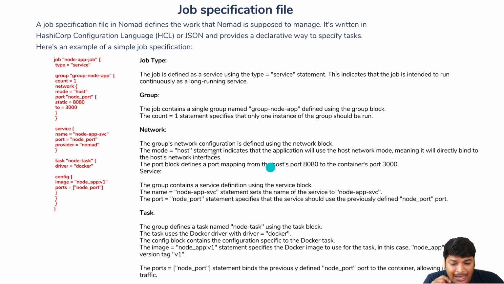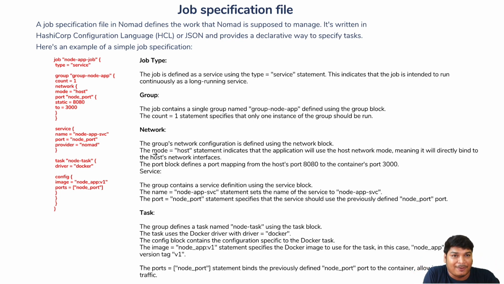And the port block defines a port mapping for the host port, that is 8080, to the container port 3000. So here you are saying that in the machine where you are running Docker Desktop or the Docker binary, wherever you're running it, there we use the Docker command. If you have ever used Docker before, we can map the container port with the host port.